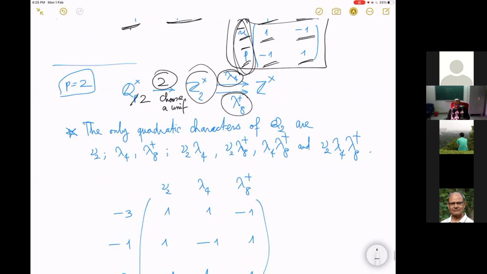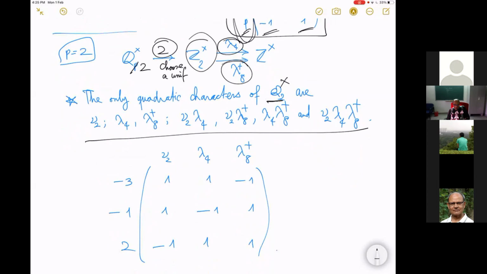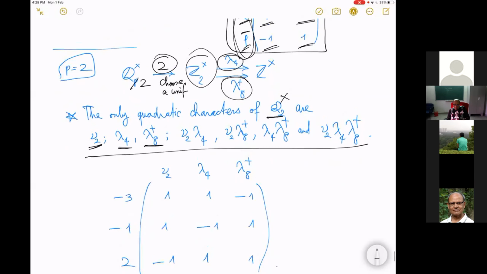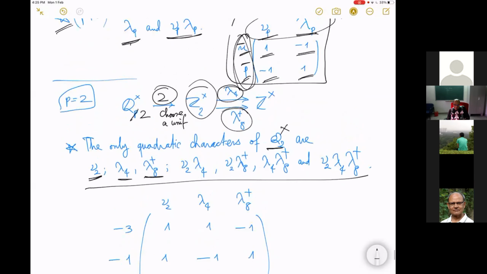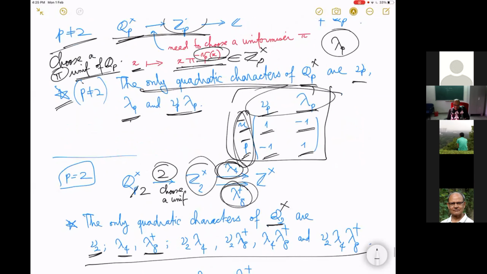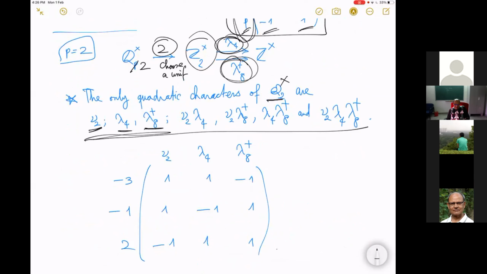And here is the list of all quadratic characters of Q2 star. The only quadratic characters of Q2 star are nu 2, the unramified quadratic character, lambda 4, lambda 8 plus, which have been defined here as composites. So you have these three.